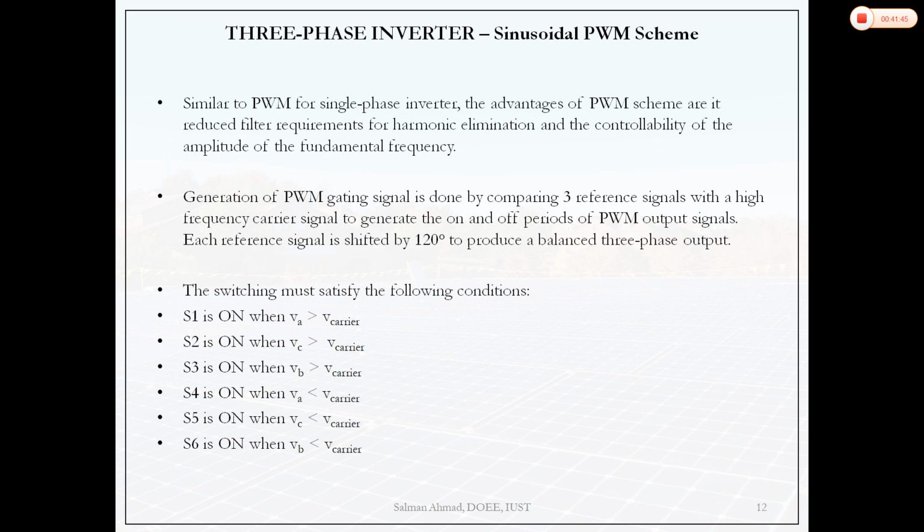To remove these harmonics, we again use pulse width modulation techniques where the switches are turned on and off more number of times, and the harmonics are shifted as sidebands around the carrier switching frequency. If you select a 10 kilohertz carrier, the harmonics will be shifted to 10 kilohertz, 20 kilohertz, 30 kilohertz, like that, as sidebands.